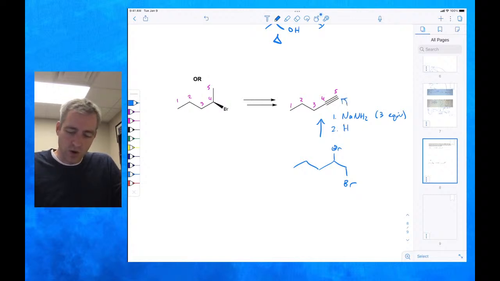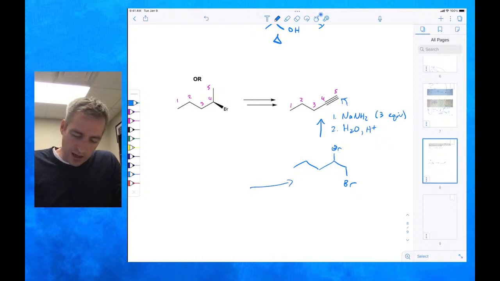So that's just water. Sometimes you say water and acid, or just water, just something that can put the hydrogen back on. So that gets us to here. We know how to make vicinal dihalides as well. I don't know why that looks super ugly.